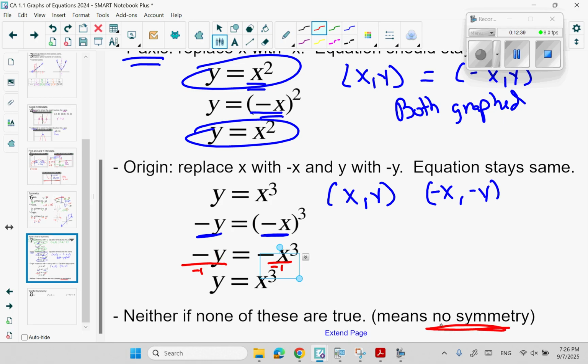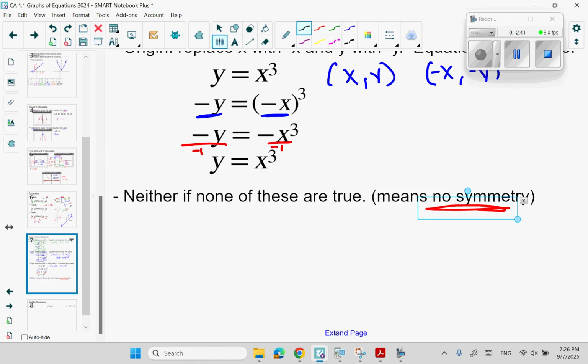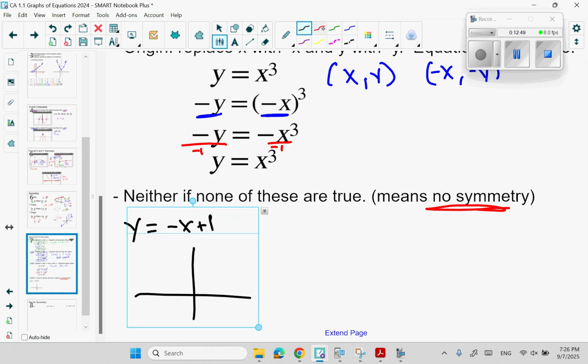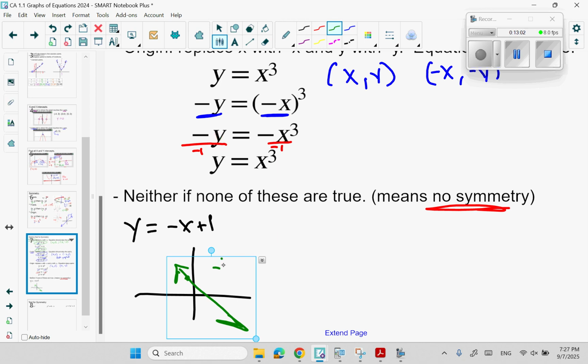And that's all right. For example, a very easy one to show no symmetry would be y equals something like negative x plus 1. Very simple line where it would look something like this. Some coordinates you would get are, for example, negative 1, 2.